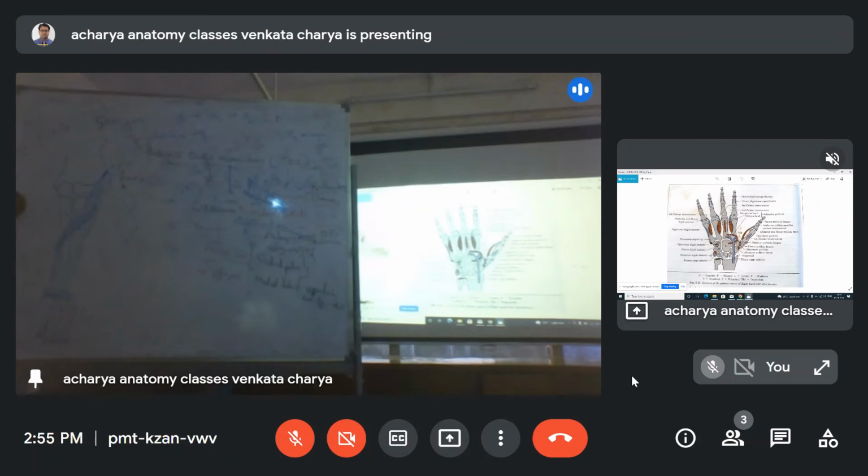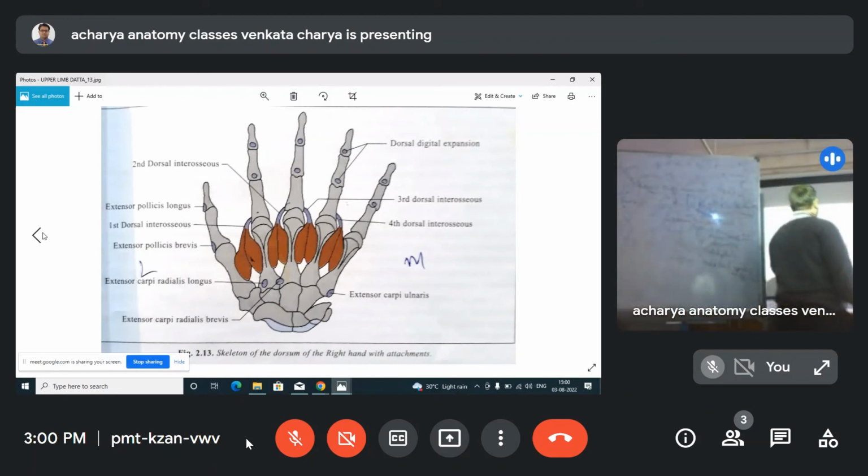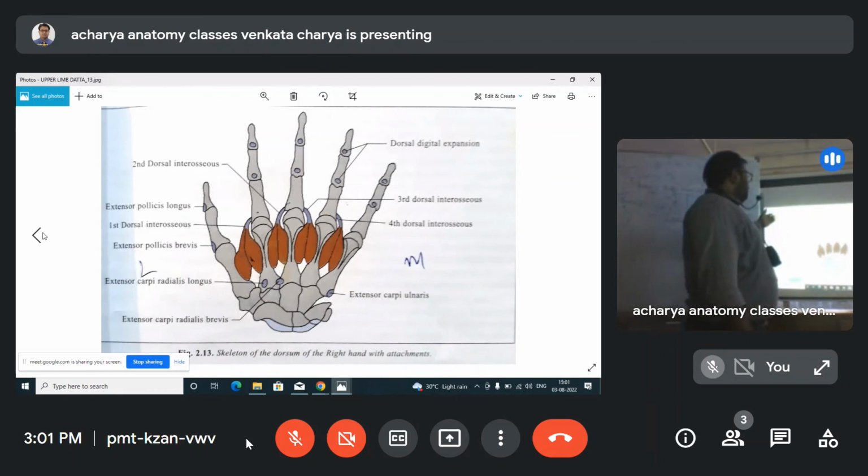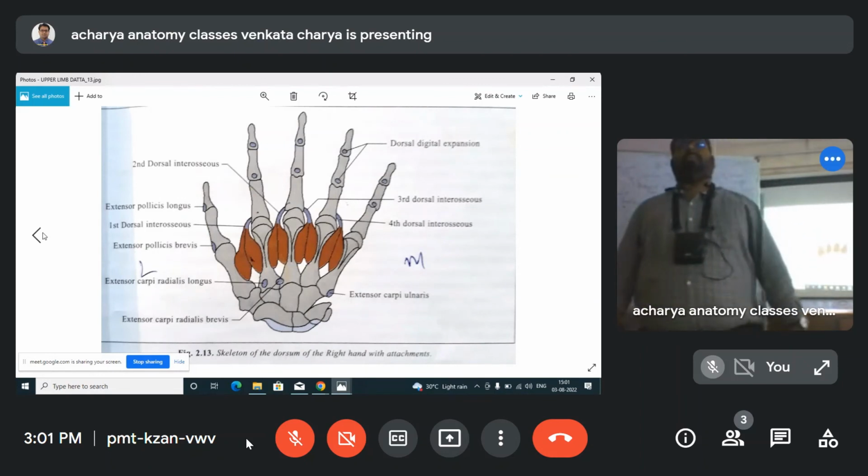It runs downwards, passes beneath the extensor retinaculum, and is finally inserted into the dorsal surface of the proximal phalanx of the thumb finger.